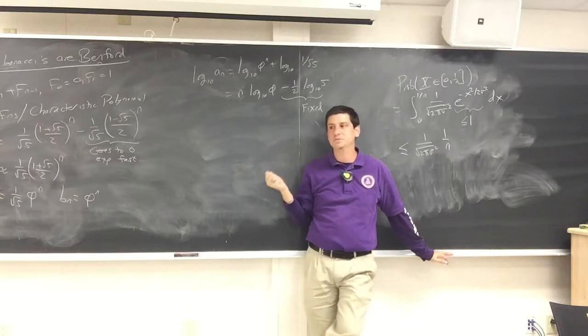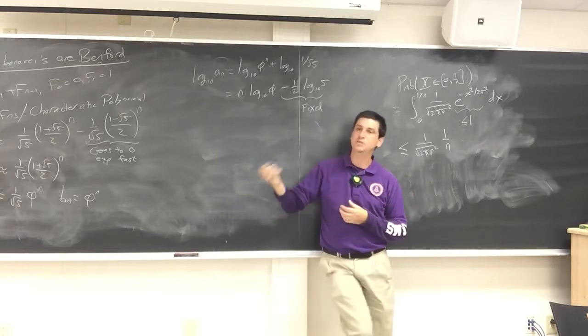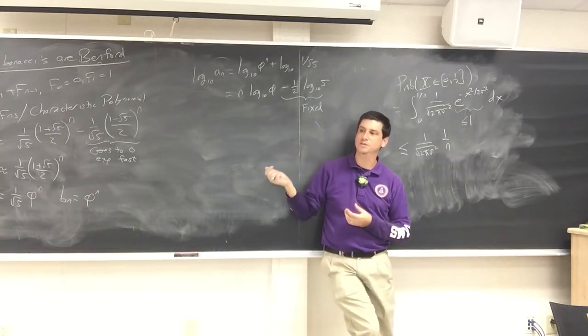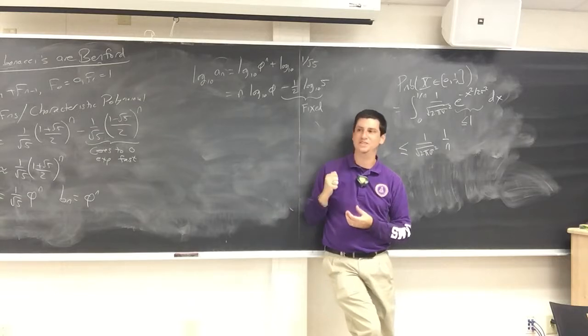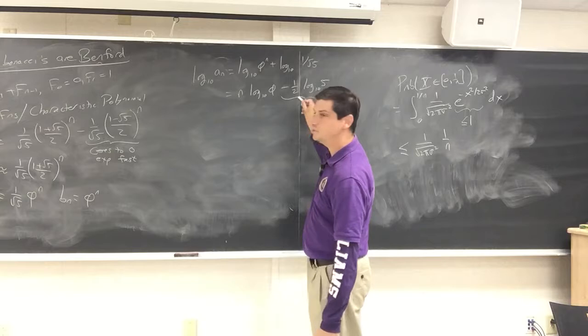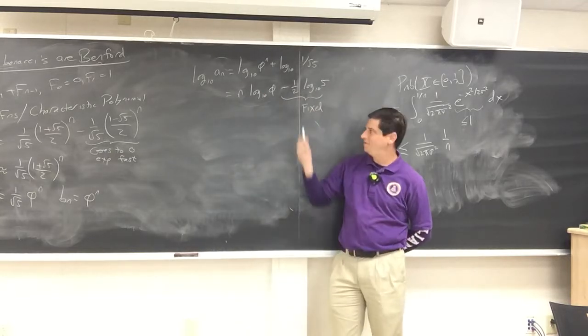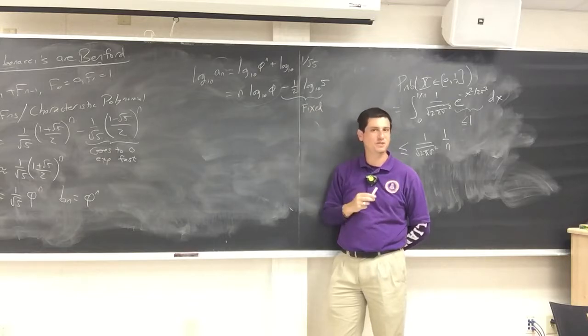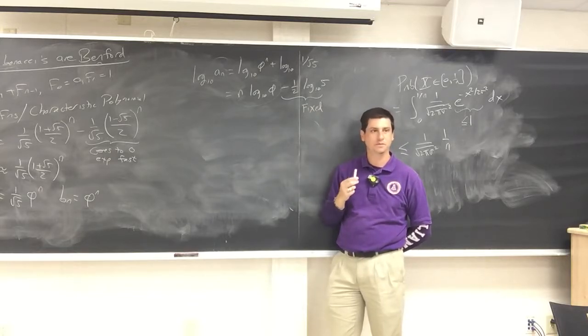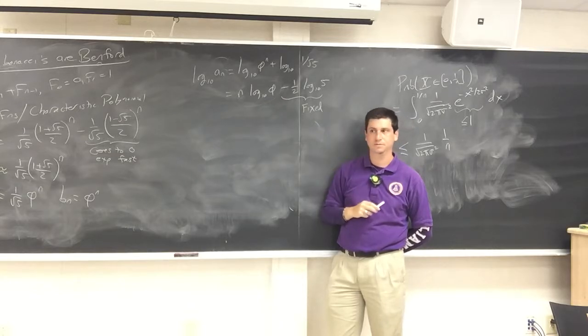So when I'm trying to show something is Benford, you've got to know this stuff. The fundamental equivalence says a sequence is Benford if and only if the logarithm mod 1 is equidistributed. So I look at this mod 1. If this is equidistributed mod 1, and I shift everything by a fixed amount, will it still be equidistributed? Yeah. So it reduces to studying this.